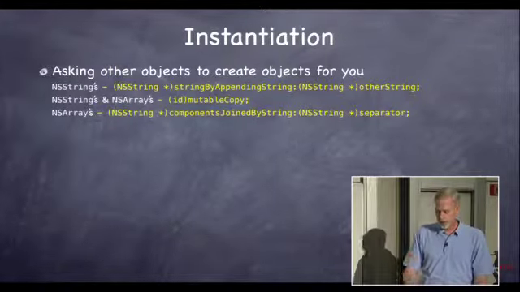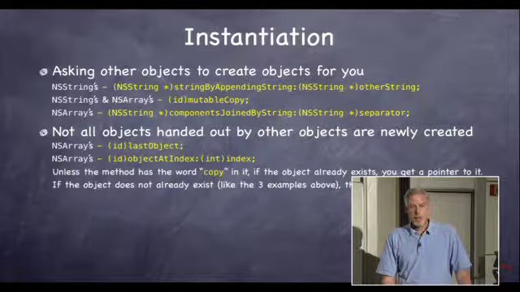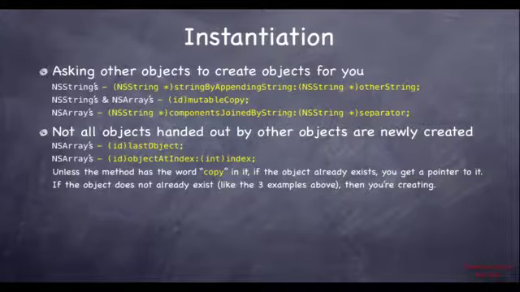So this is an obvious way. Not all objects that you get by talking to other objects are created, of course. If the object that you're asking for already exists, it'll just give you a pointer to it. So in an array, if you say, give me the last object, it's not going to make another object. It's going to give you a pointer to that object that's in the array. By the way, this is a good time to say, all the objects in an array are pointed to strongly.